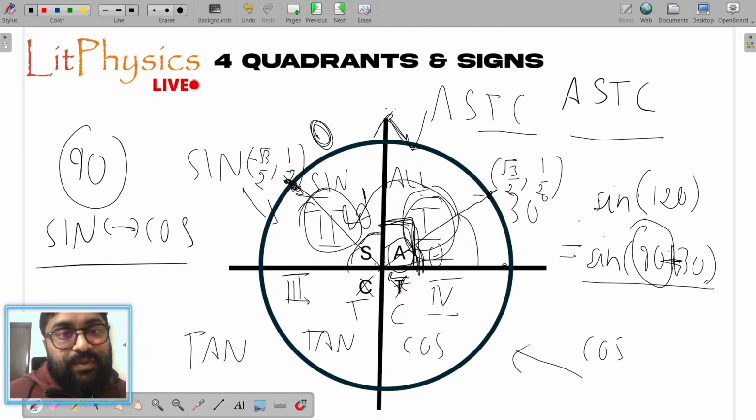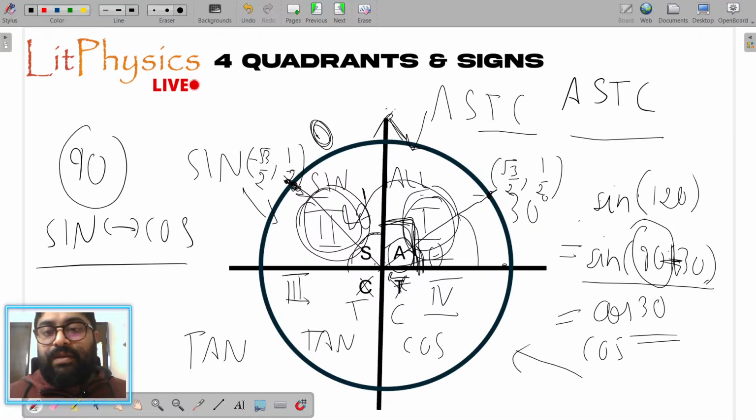We went from the first to the second quadrant because we added to 90. So we have 30 degrees in the end, and we converted into cos. And in the second quadrant, sine is positive. Therefore, we will get cos 30.